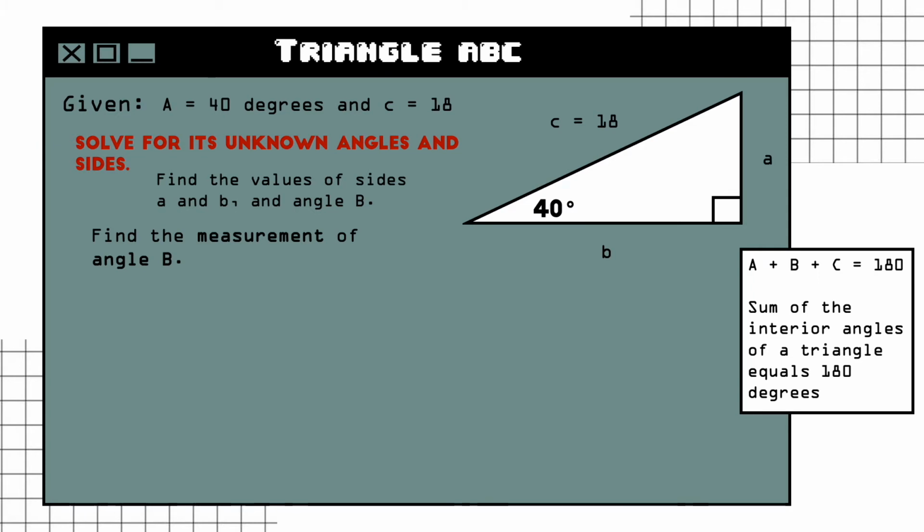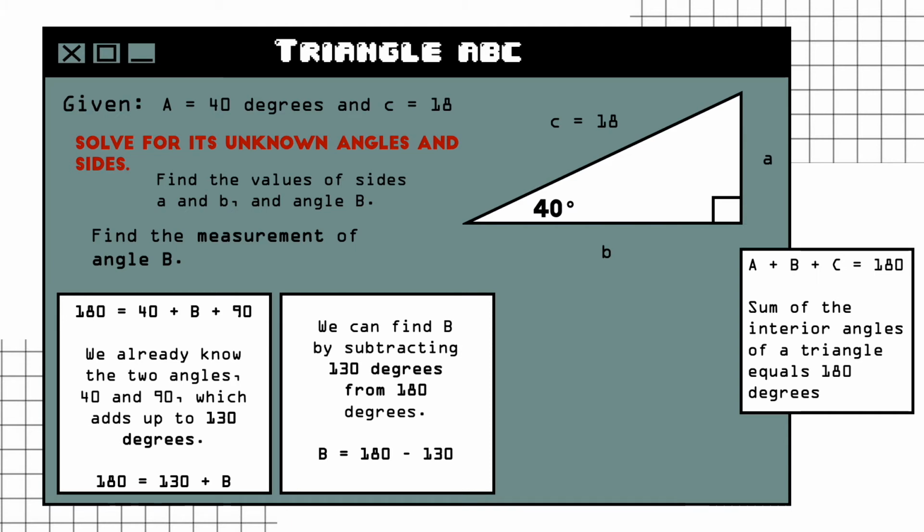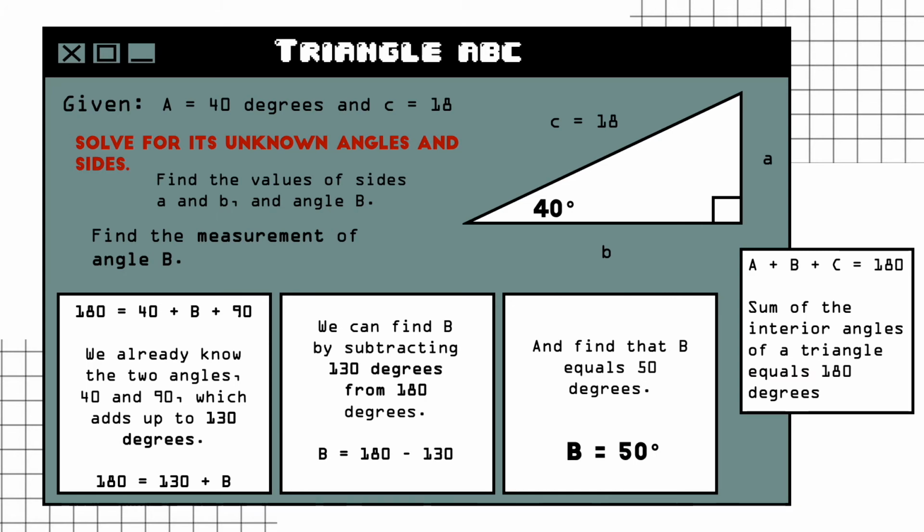We already know the two angles, 40 and 90, which add up to 130 degrees. We can find B by subtracting 130 degrees from 180 degrees and find that B equals 50 degrees.